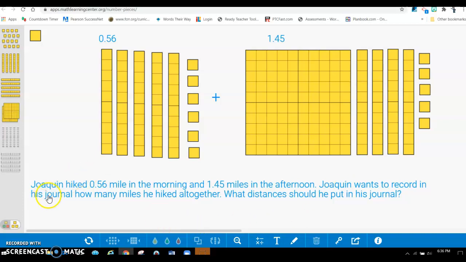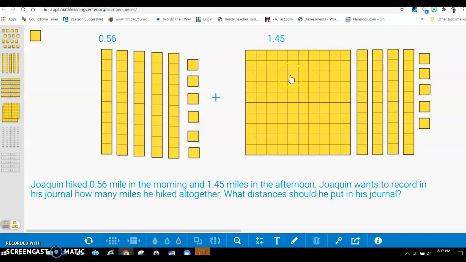So here's our question. Jaquan hiked 56/100ths of a mile. If you remember, the flat represents one whole, the rods represent tenths, and the units represent hundredths. So we have 56/100ths. The 5 is in the tenths place, so I have 5 tenths and 6/100ths: 1, 2, 3, 4, 5, 6.